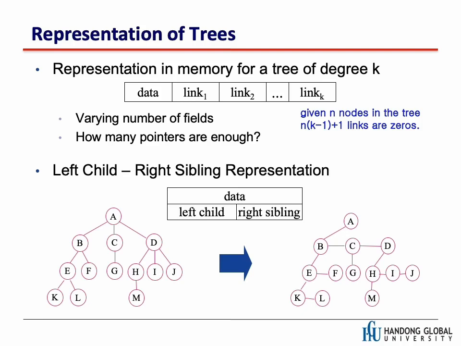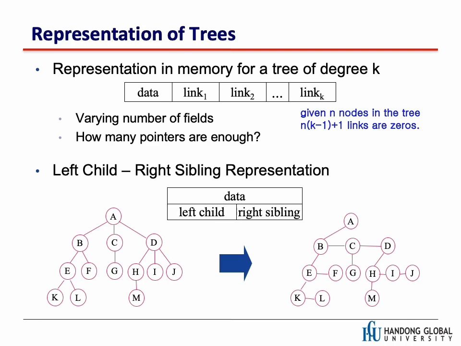If we change the topology of this tree, then we have to change the definition of the structure. Instead of changing the definition of the structure depending on the degree of the tree, why don't we just change the topology of this tree? So instead of having this regular tree, we can transform this tree into the right sibling representation.